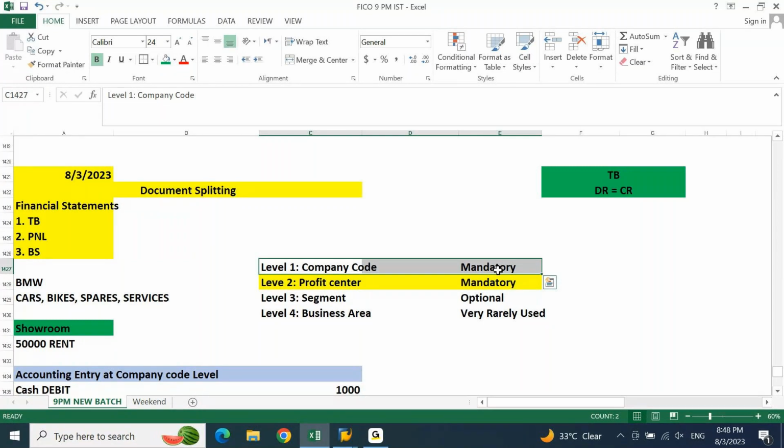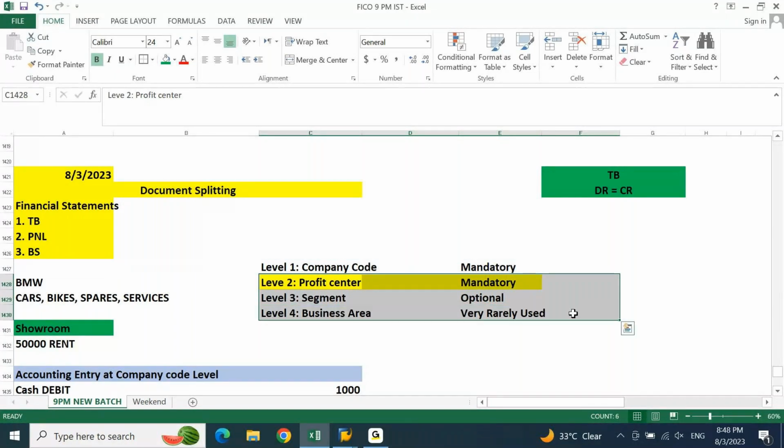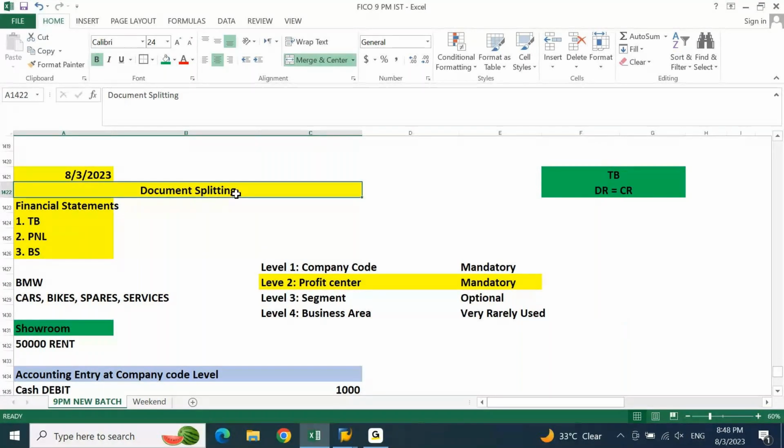Your document splitting is relevant from level 2, 3, 4. From level 2 to 4 is your document splitting. If you are generating financials at profit center level, when you talk about document splitting, you are talking about balancing a document at profit center level, or ensuring that debit and credit matches at profit center level.